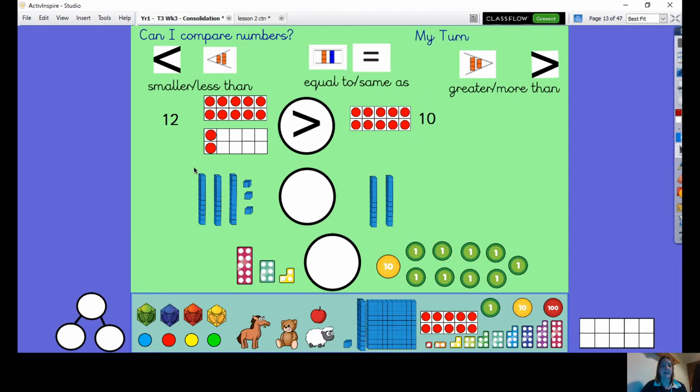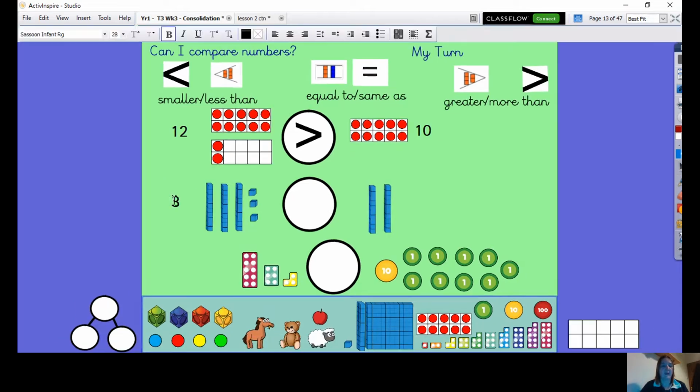Okay, so I'm going to work out what this number is. 3 tens, 1, 2, 3. 3 tens are 30 plus 3 is 33. So I've got the number 33. And over here, I've just got 2 tens and I've got no ones. So that's why I've got my 0 there to tell me that this is 2 tens.